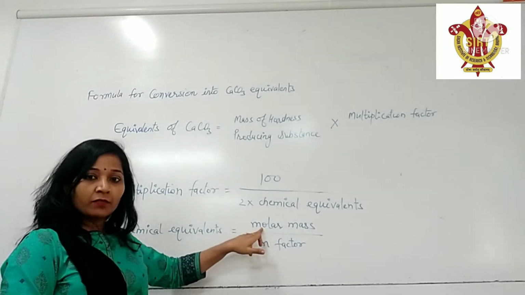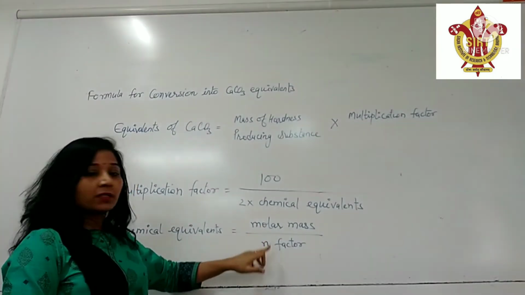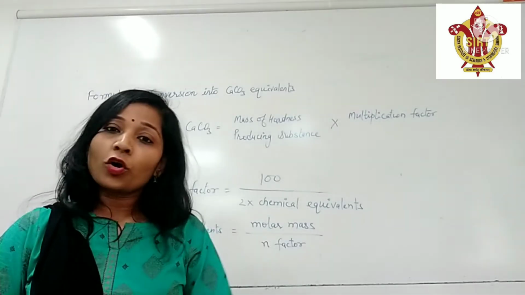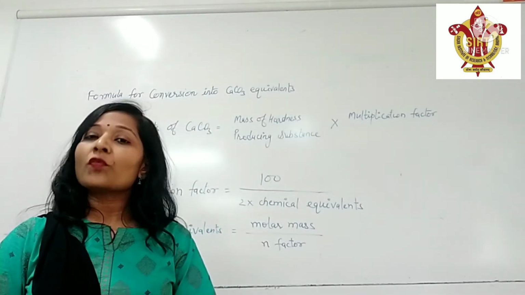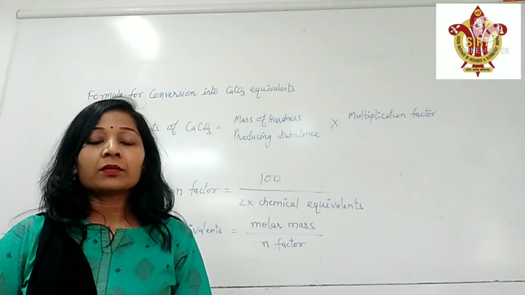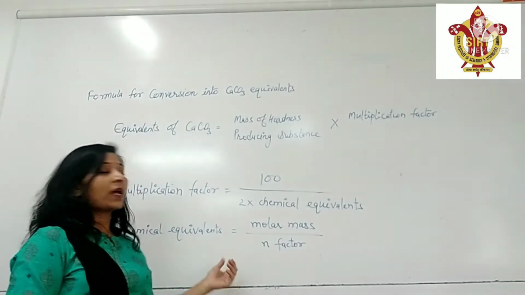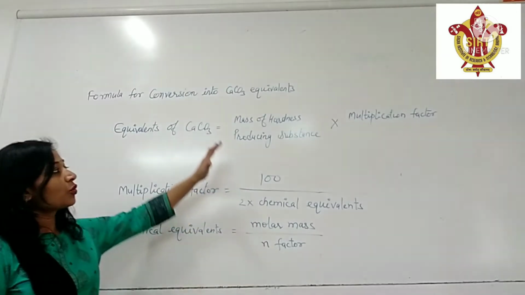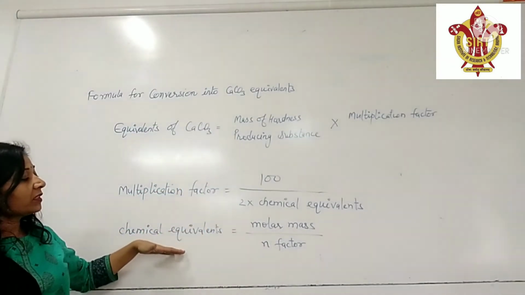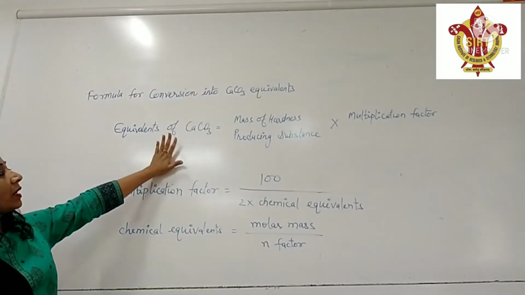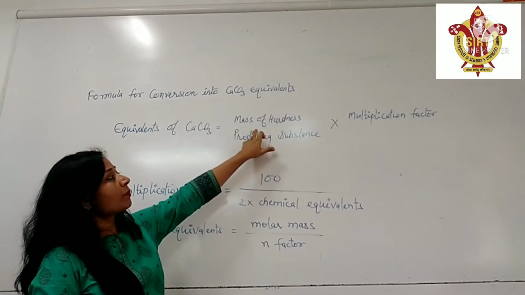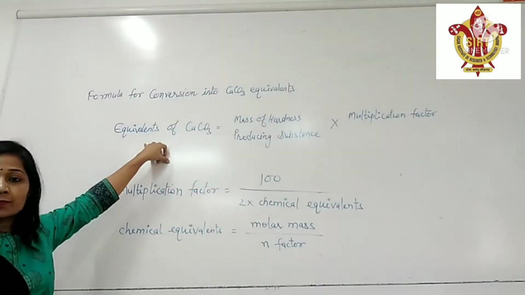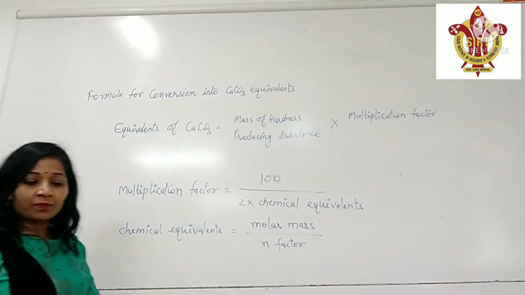The molar mass of the salt which is given is divided by the N factor, which is the number of acidity or basicity, or we can say the number of ions on the atom. So by putting these values and multiplying it with the mass of hardness producing substance, we can convert it into calcium carbonate equivalents. Let us see one example.